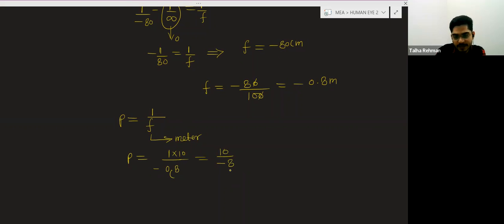Now you cancel it out, it will become 5 by minus 4. When you divide by 4: 4 ones are 4, 4 twos are 8, 4 fives are 20. So the power is minus 1.25 diopter.